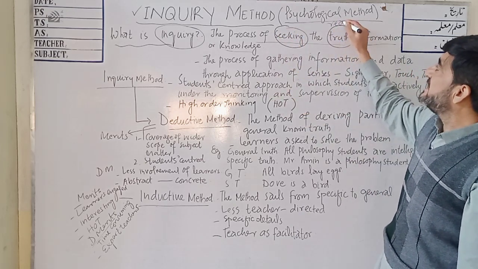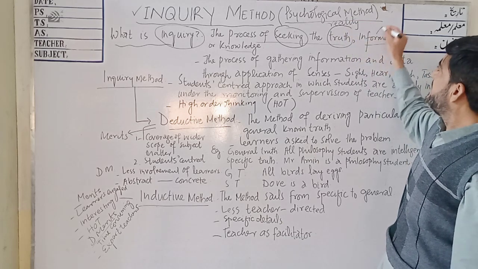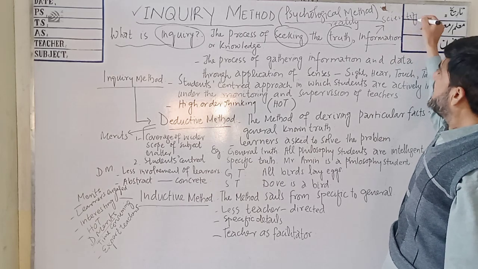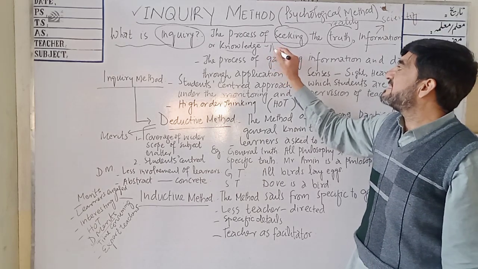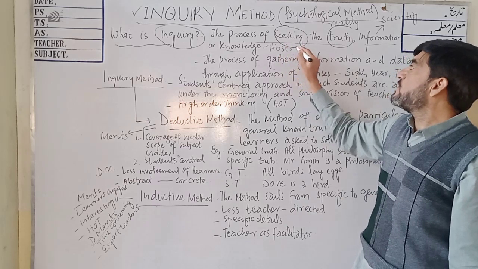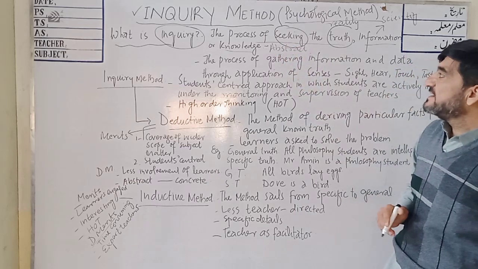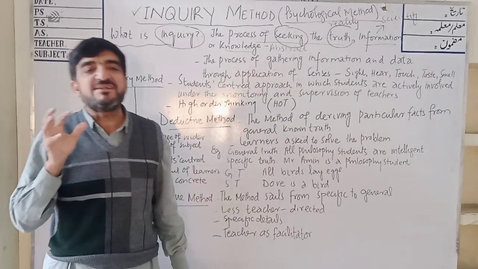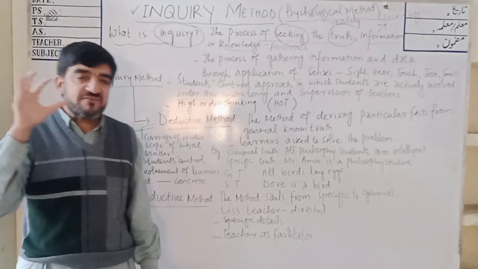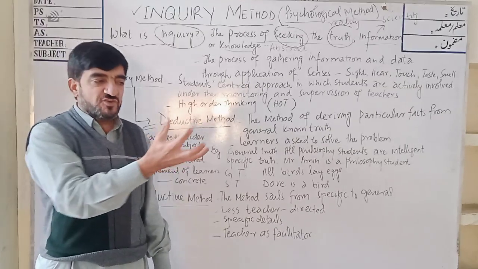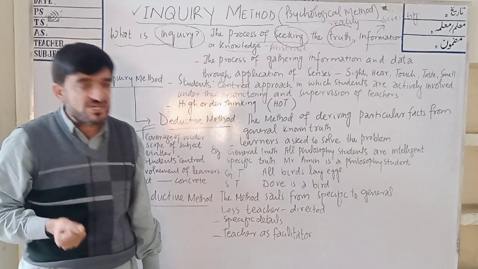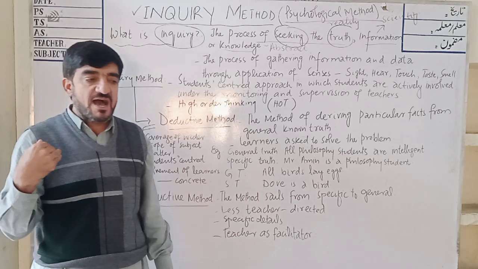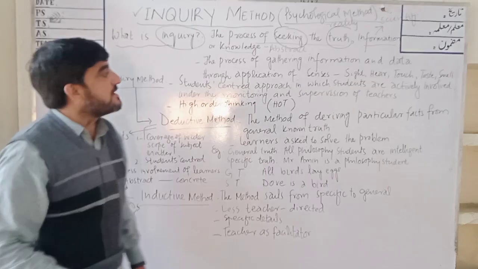Truth means reality, and information means scientific, and knowledge means abstract. So it is the process in which all the faculties of human beings are activated, focused to squeeze out, to search out, to dig out information which is related to the topic.